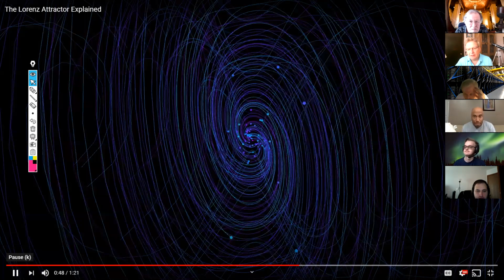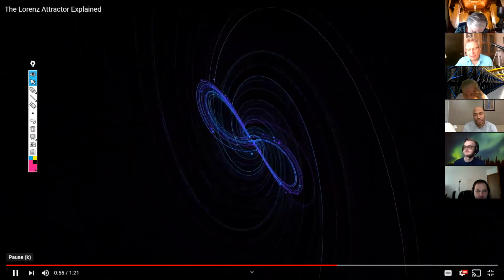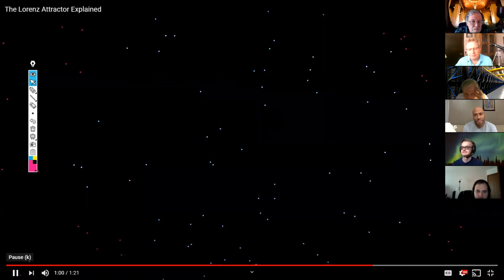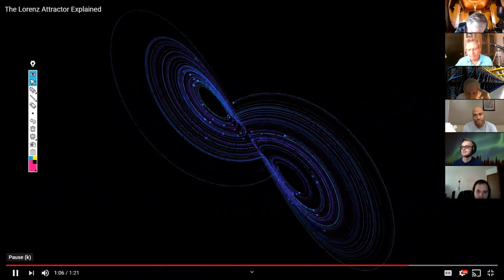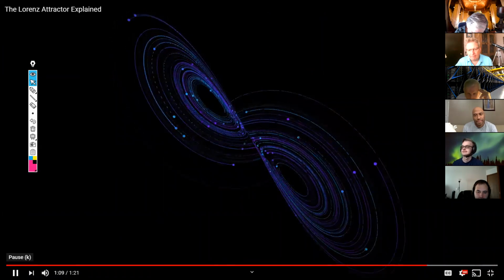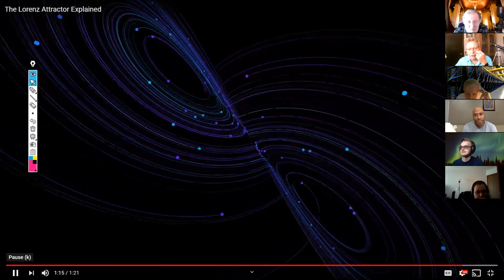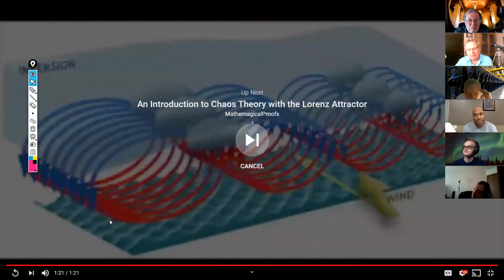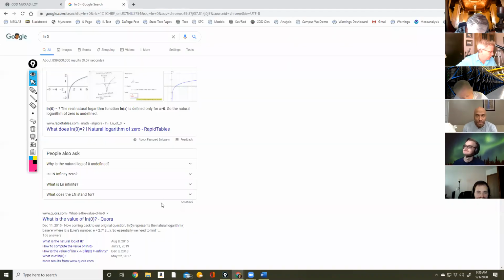Watch what happens. No matter where you started, they all go to these things called a strange attractor. They all follow their own path around each of these attractors without intersecting. It's pretty cool. If you have a chance, you can look at that a little bit later. There's a whole lot on there. But that's what this thing is on page 6.